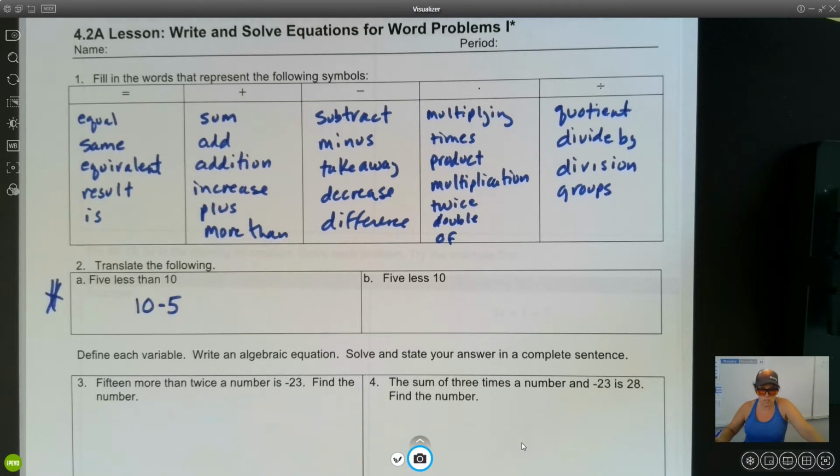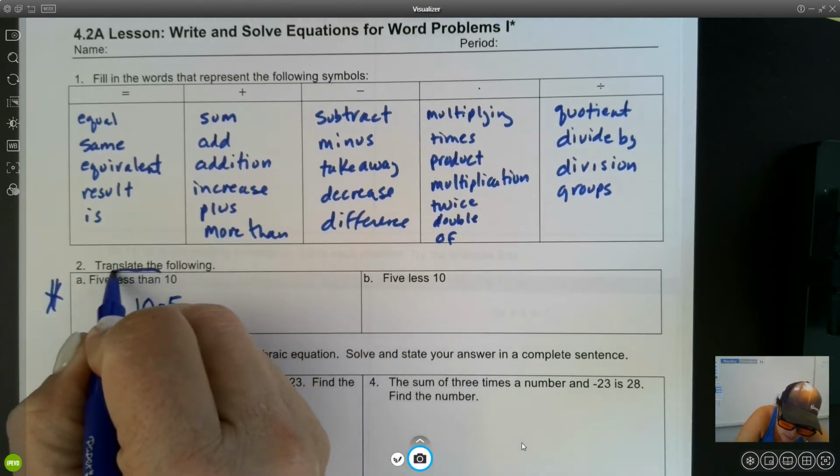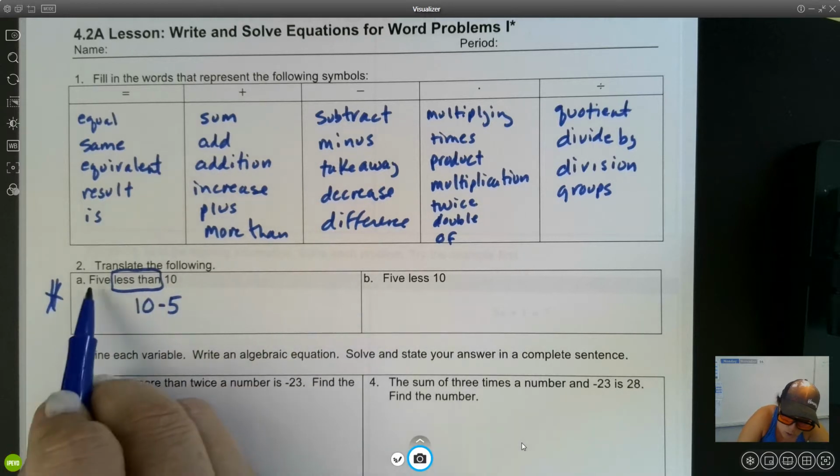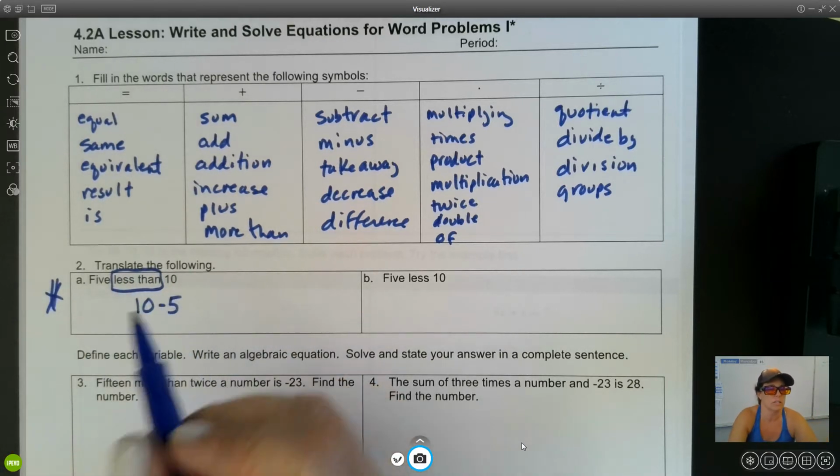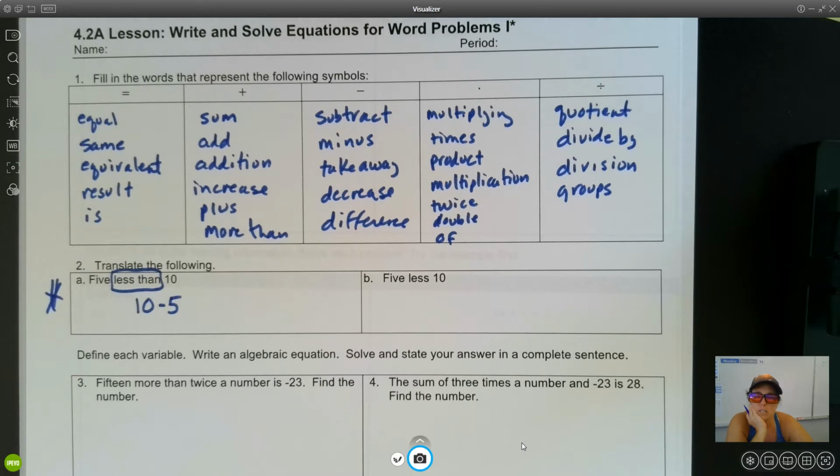But when you see the words less than, it switches the order around from what's given.